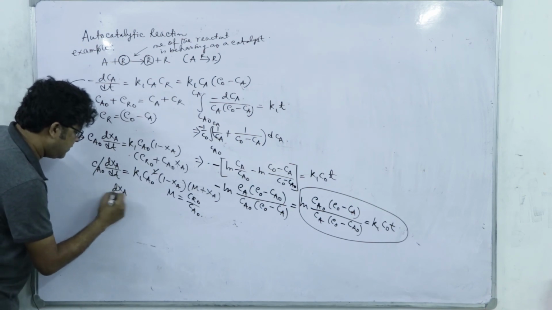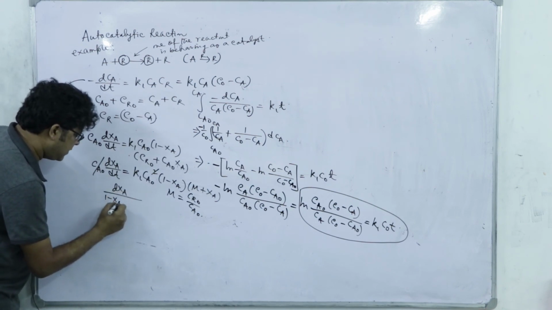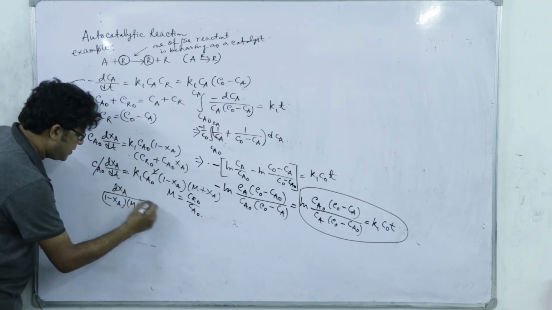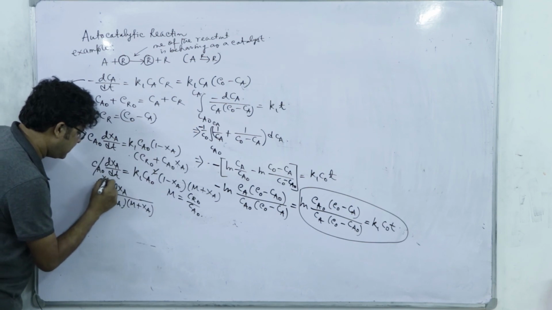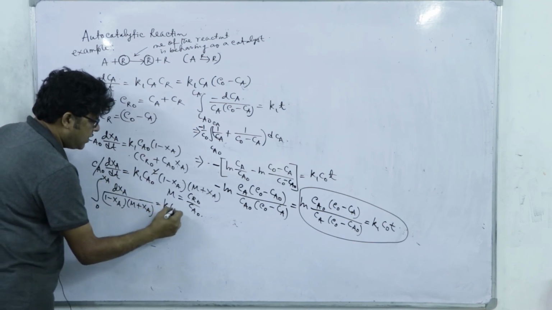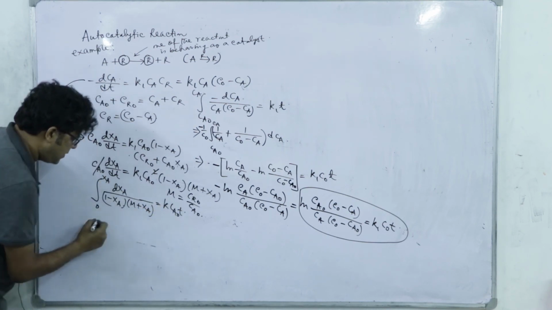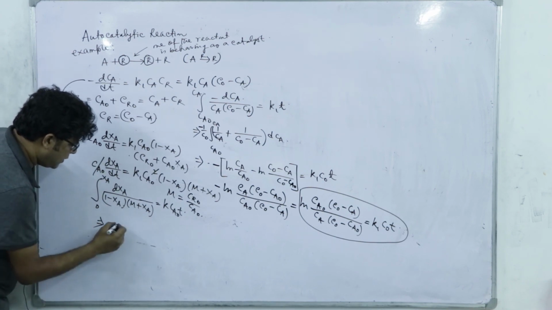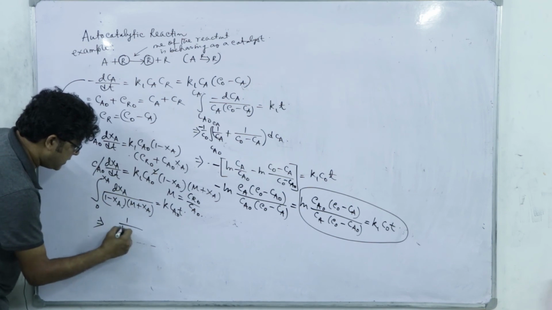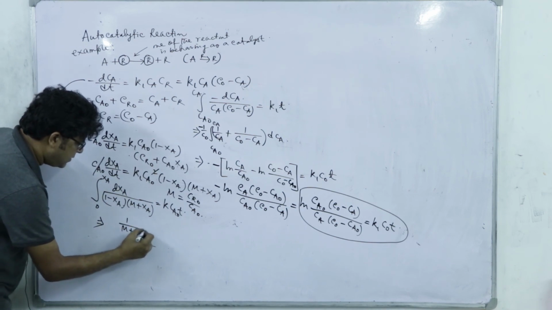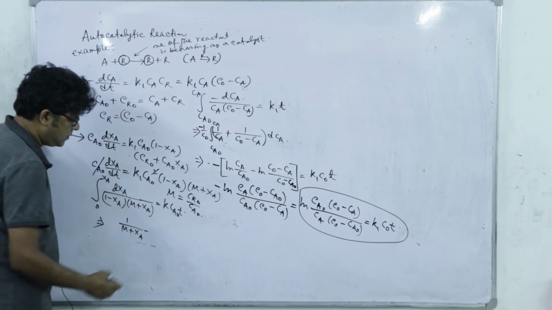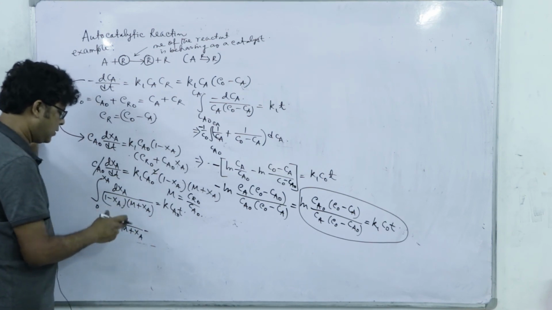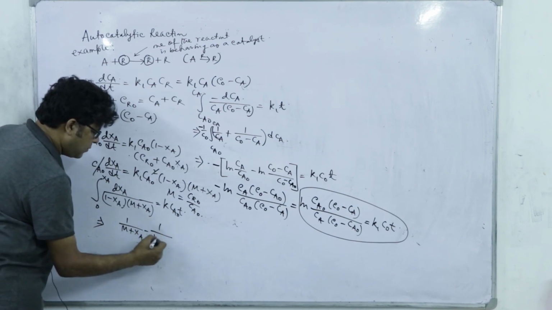So, dXA divided by 1 minus Xa into M plus Xa integral 0 to Xa is equal to K into Ca naught into T. So, this will give you finally 1 divided by M plus Xa minus, or what will be that? 1 divided by 1 minus Xa.